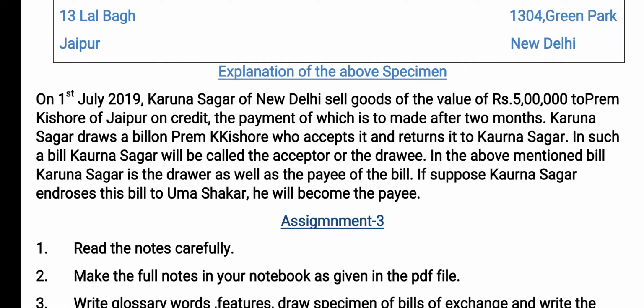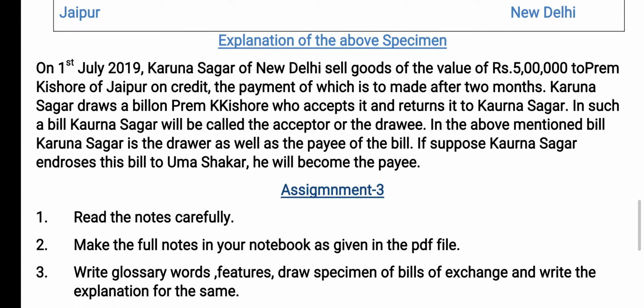So in the above mentioned bill, Karuna Sagar is the drawer as well as the payee of the bill. Suppose Karuna Sagar endorses this bill to Uma Shankar, he will become the payee. Or suppose in the bill Karuna Sagar writes the name of Uma Shankar, then in this case Uma Shankar will become the payee. Now Prem Kishore has to pay the amount of money to Uma Shankar.